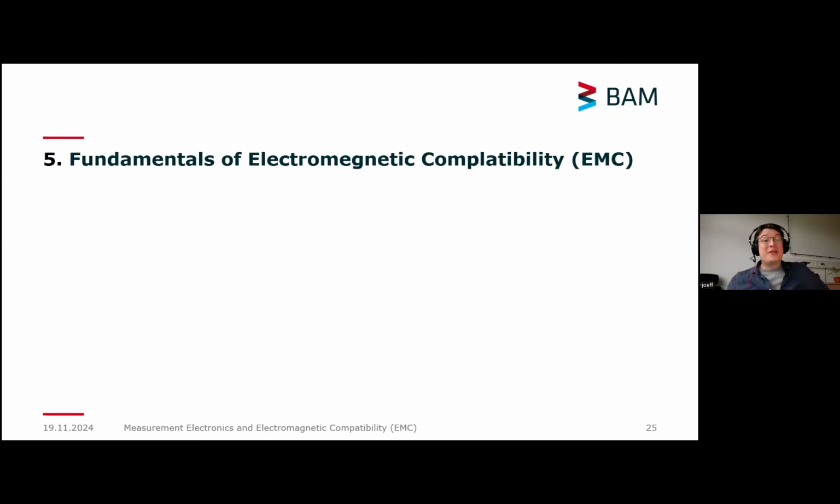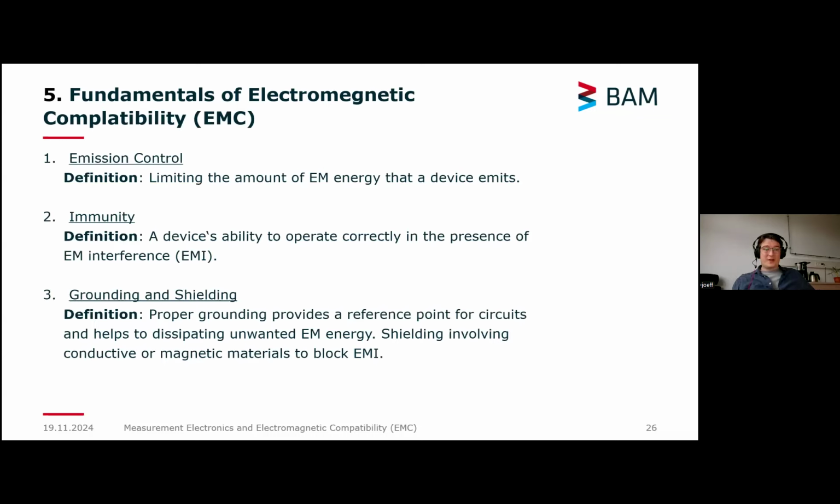So the fundamentals of electromagnetic compatibility is, or the definition of emission control is limiting the amount of electromagnetic energy that your device emits.